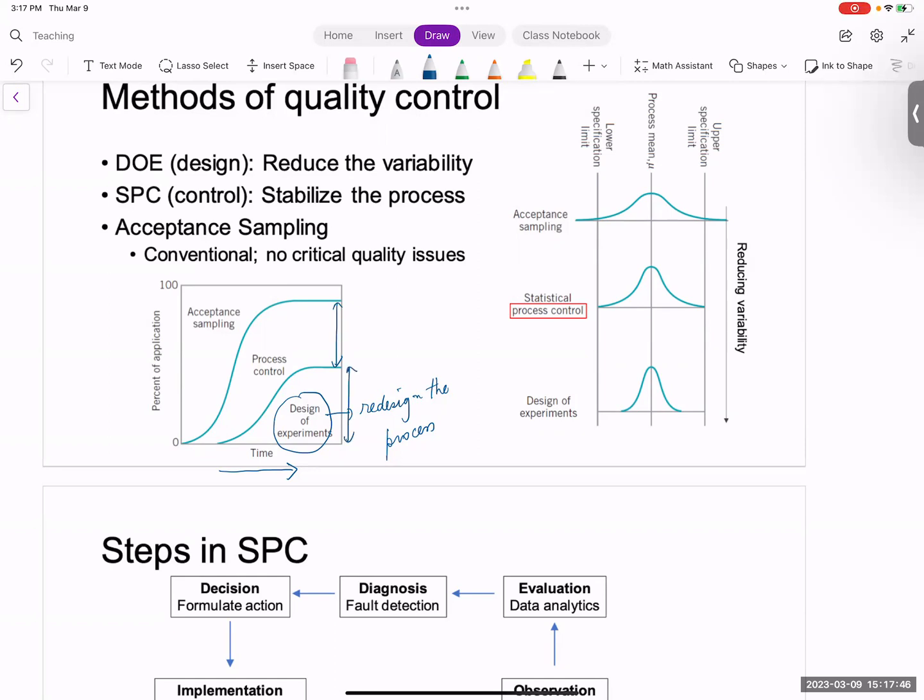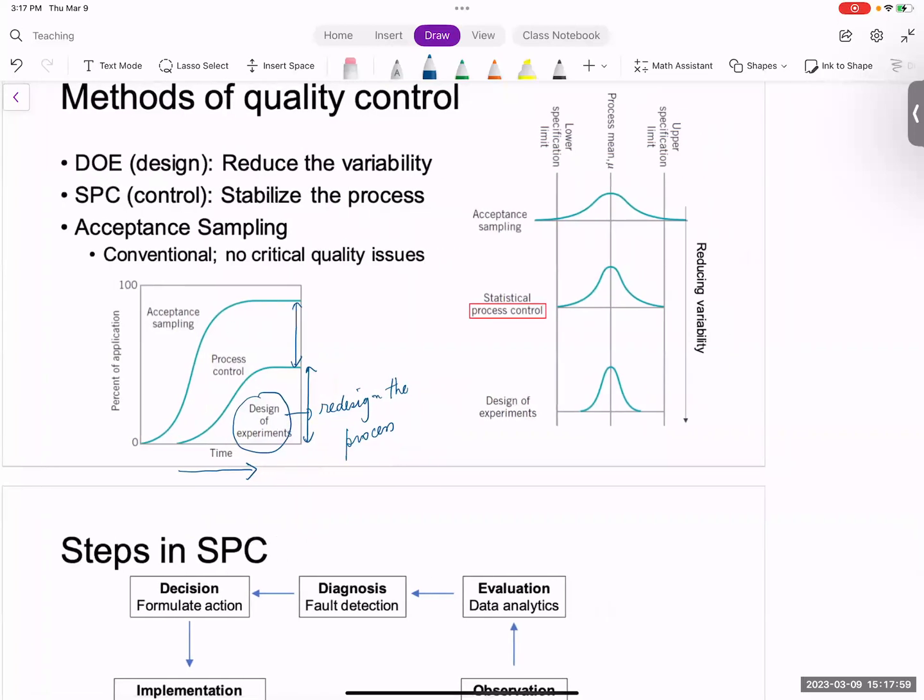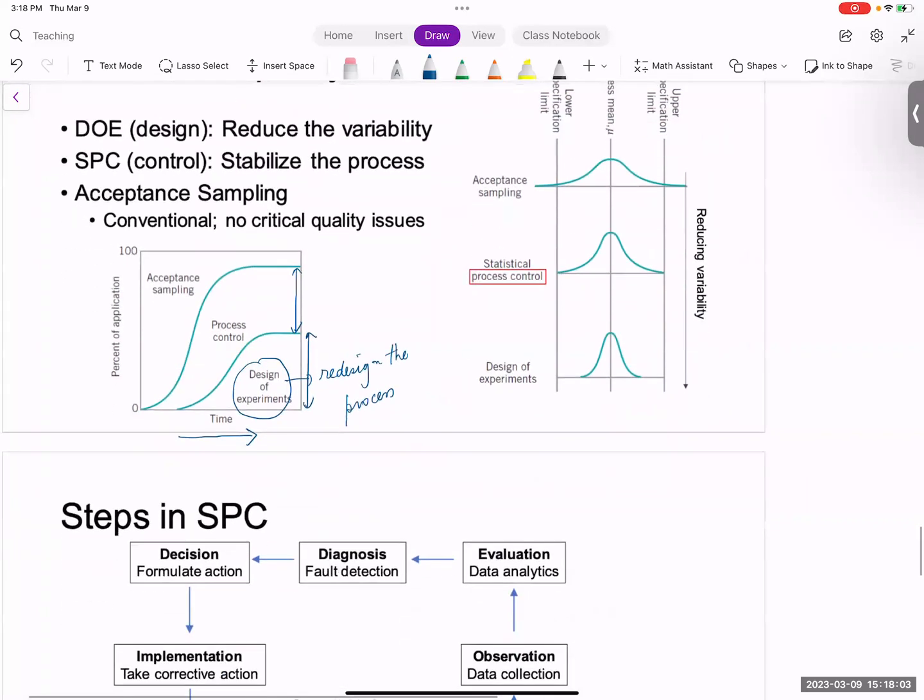design of experiments. And by looking at this chart, it might also have been a little bit apparent to you that if you're doing acceptance sampling, it would not have significant impacts on quality, whereas if you do design of experiments, you would have huge impacts in quality. So this will lead to the maximum increase in quality.